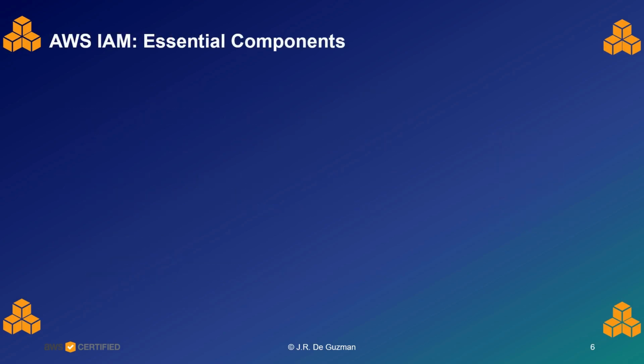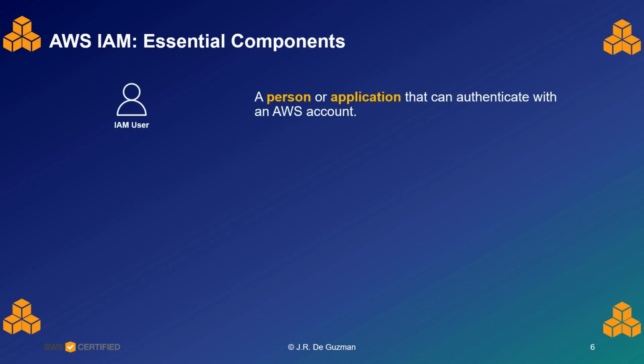Here are some essential components of AWS IAM. To understand how to use IAM to secure your AWS account, it is important to understand the role and the function of each of the four IAM components. So the first one is IAM user. A user is a person or application that is defined in an AWS account and that must make API calls to AWS products.